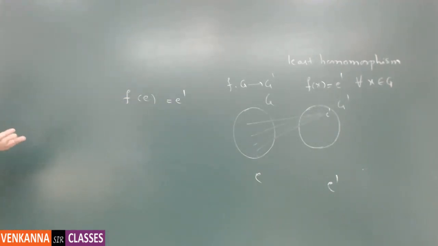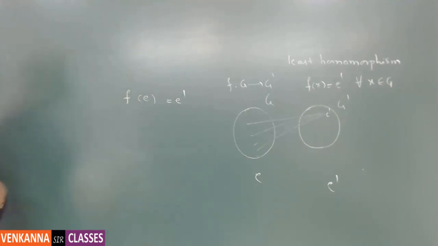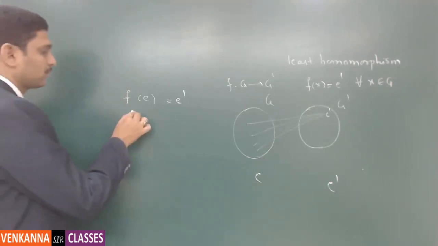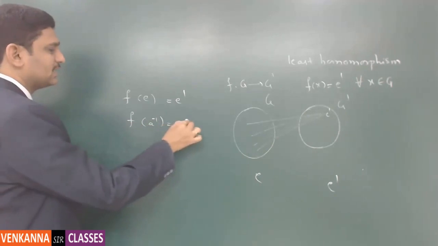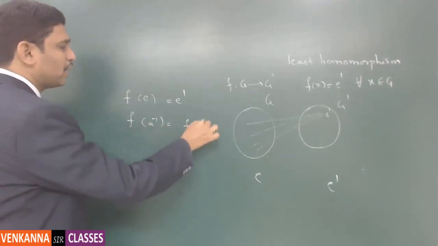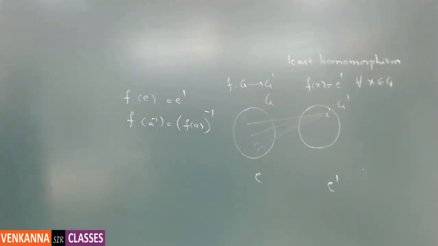There is a small proof, but proof is not required for you. And the image of A inverse is nothing but f of A whole inverse under the homomorphism. Please take a note of these things.